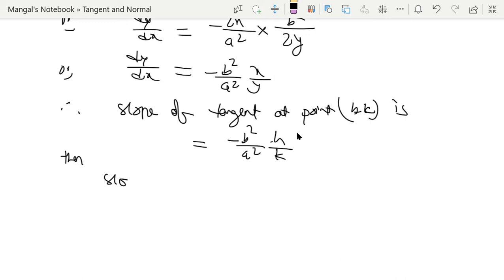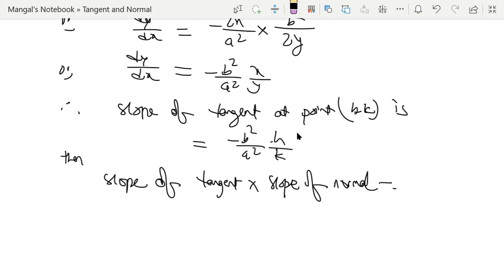Then slope of tangent into slope of normal equal to minus 1. So we have found the slope of tangent, minus b square upon a square into h by k. Let's skip this, and through this we get the slope of the normal.